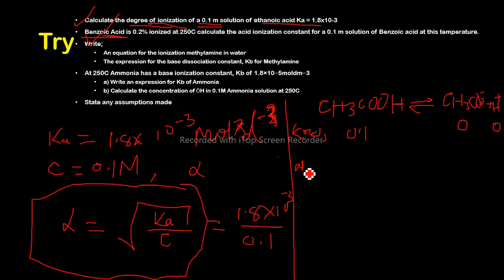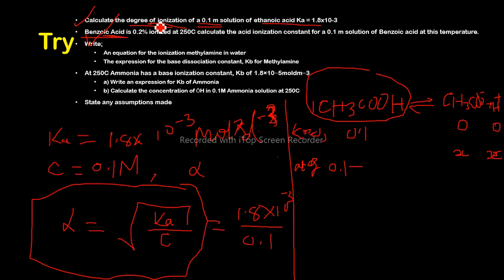Then at equilibrium, if you form X of ethanoate and X of hydrogen ions, from the mole ratio which is 1:1, X of the acid would have dissociated. So what remains at equilibrium is simply 0.1 minus X.